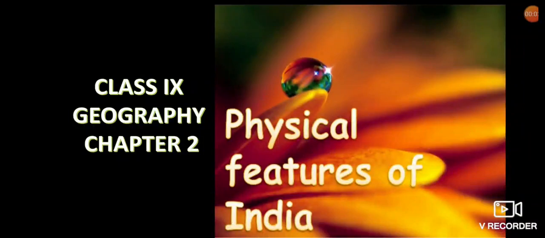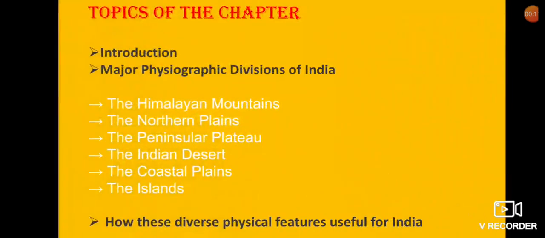Welcome back to the social science class, class 9, geography, chapter 2, physical features of India. The topics covered in this chapter are the introduction of the physical features, major physiographic divisions of India like Himalayan mountains, northern plains, peninsular plateau, the Indian desert, the coastal plains, and the island groups.